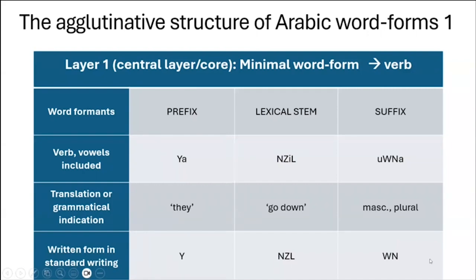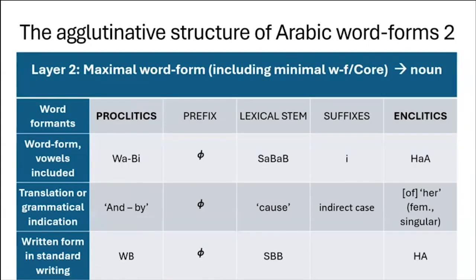In the line below, you see what readers of Arabic see. The short vowels are in small letters, and capital letters transcribe letter sounds that are written as a grapheme in the words.